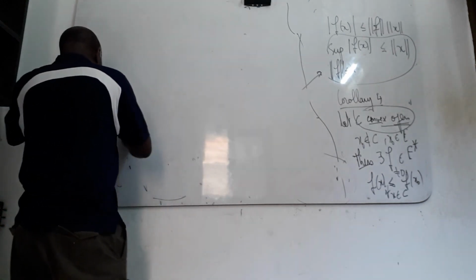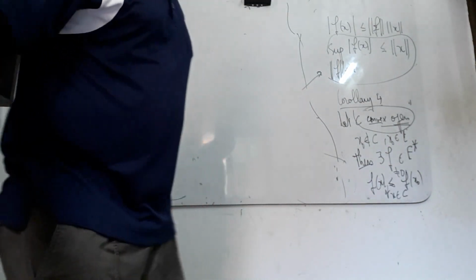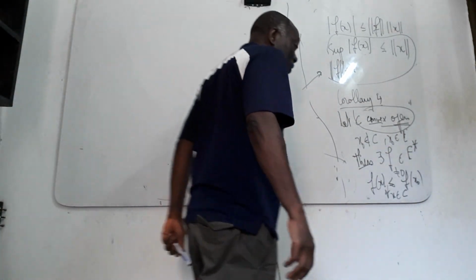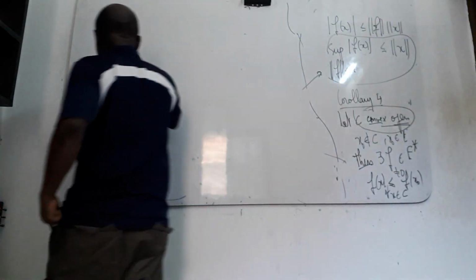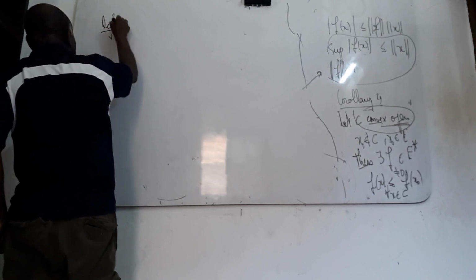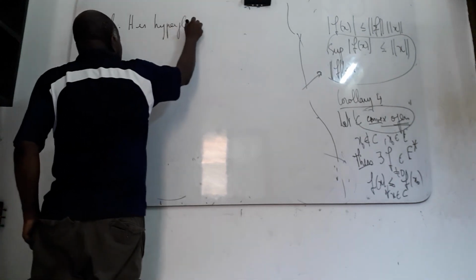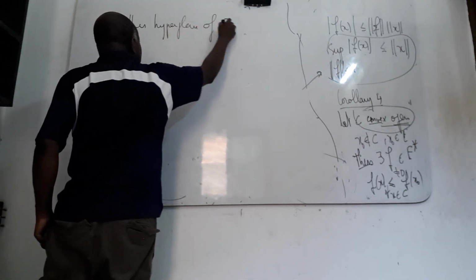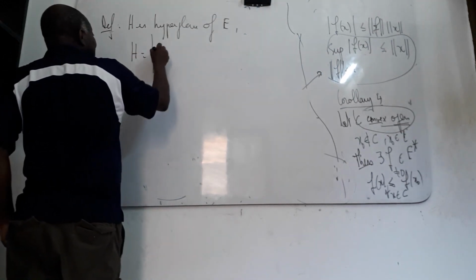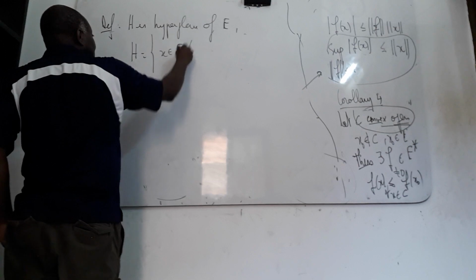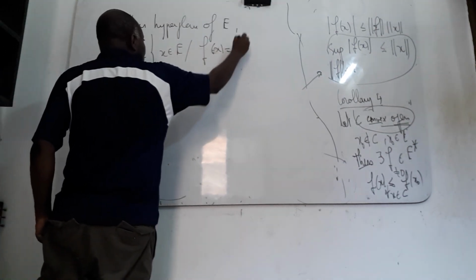In the beginning, before giving you the geometric form, I'll give you the definition of hyperplane. You see that H is a hyperplane of E if H contains the elements of this form, such that f of x is equal to alpha.